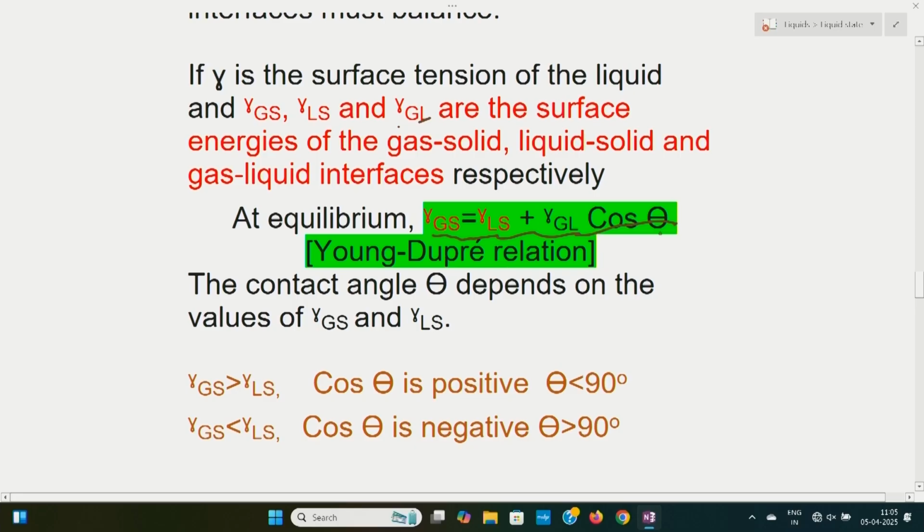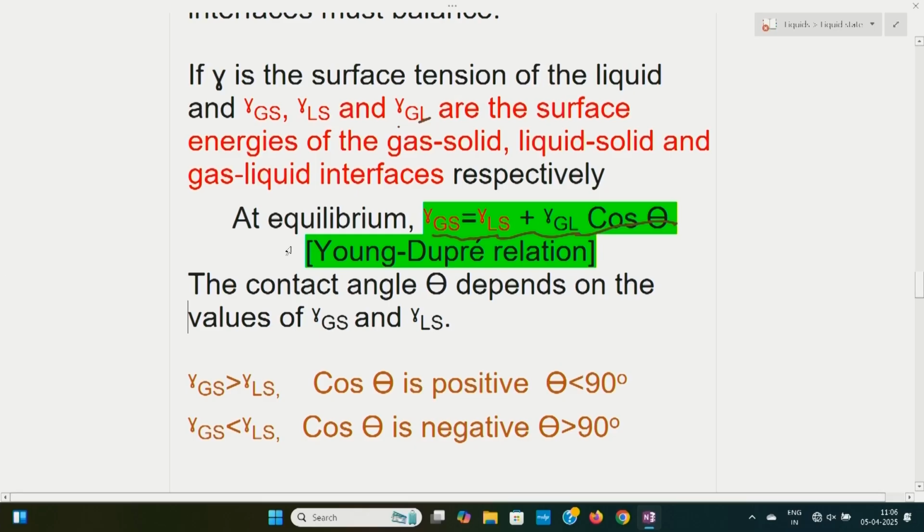Theta is the contact angle, and it depends on two values: the surface energy of the gas-solid interface and the surface energy of the liquid-solid interface.